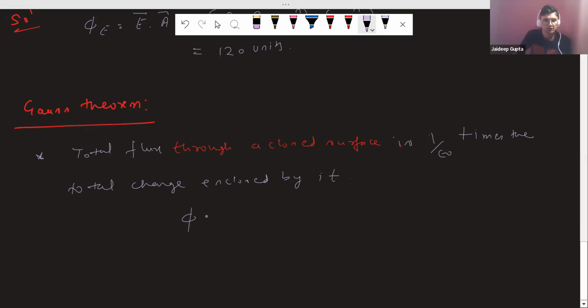Note down. That is, phi equals Q over epsilon naught. This is Q net. Okay, so this is the statement.